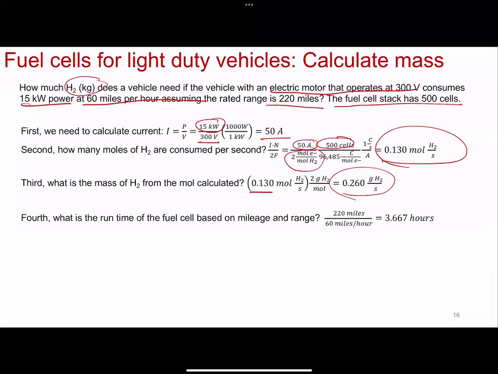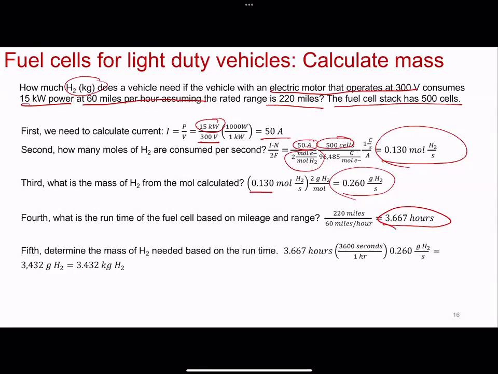So then we say, if I have to use 0.26 grams of hydrogen per second, and I'm traveling 60 miles an hour, and I'm driving 220 miles, that means I need my hydrogen source to last me 3.667 hours, or 3 2/3 of an hour.